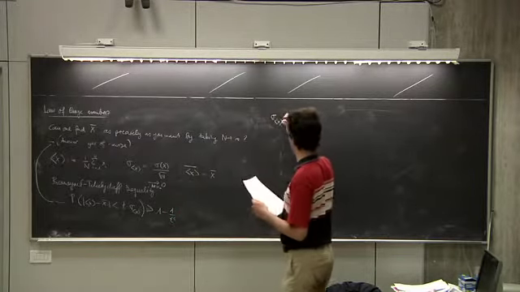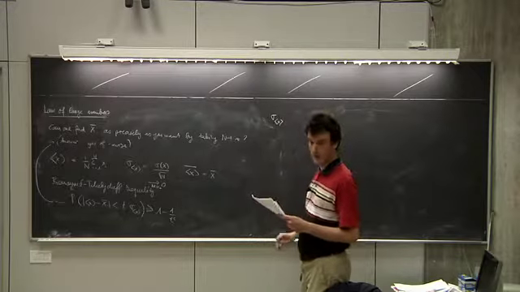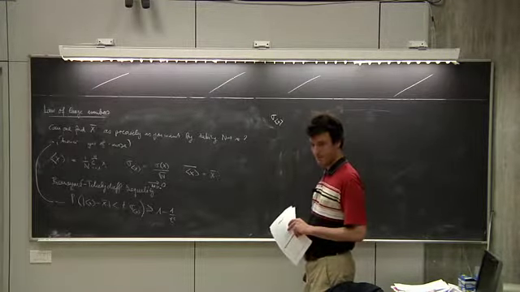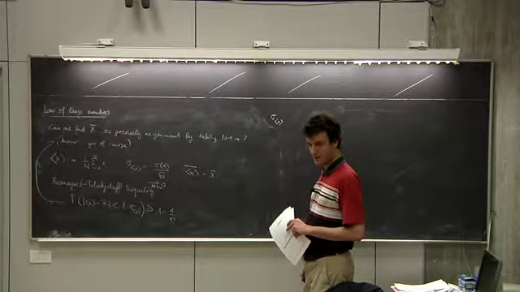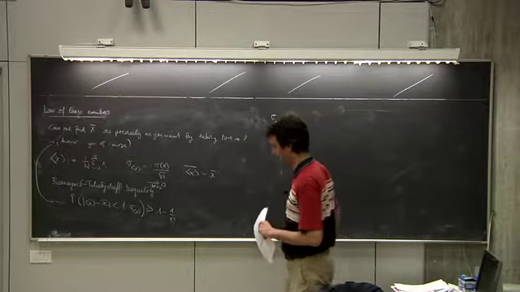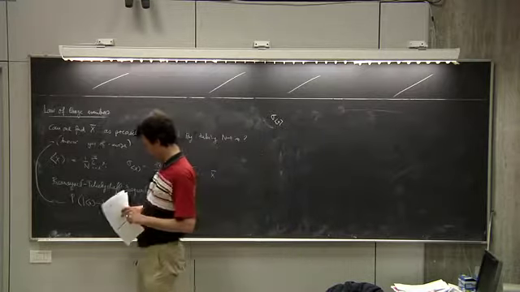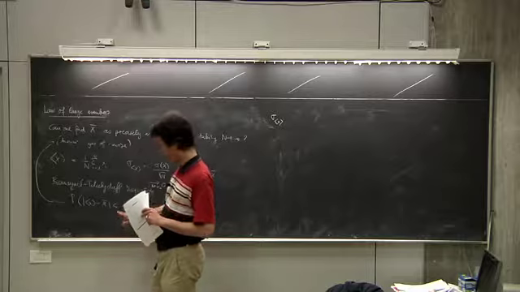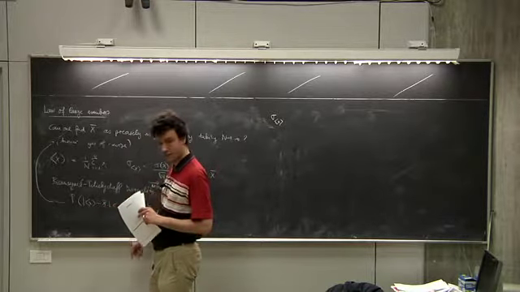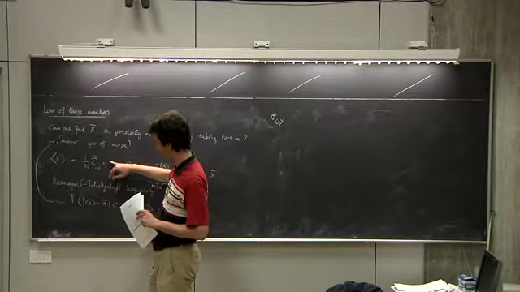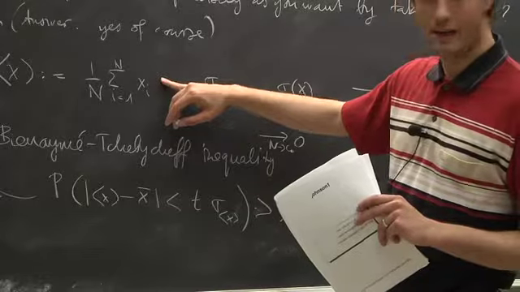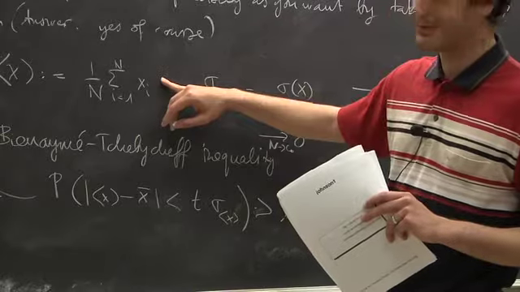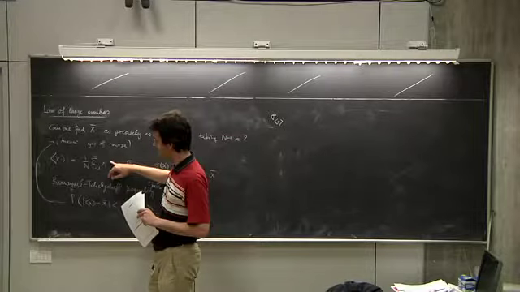Yes. When you talk about average and expectation value, are you not talking about the same thing? Yes, I'm talking about the same thing. Because here, previously you said that when you write x like this, you mean it's a random variable.